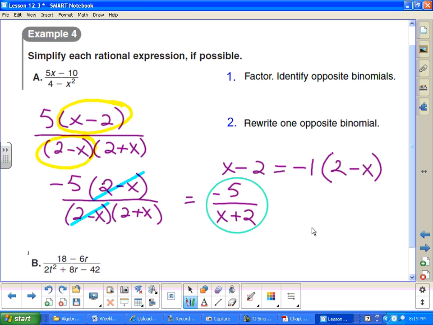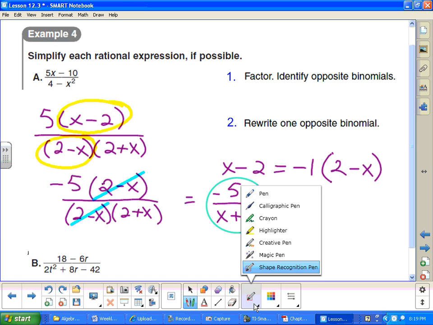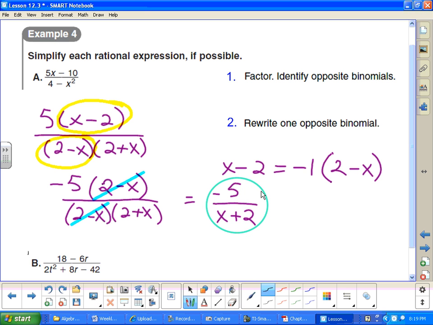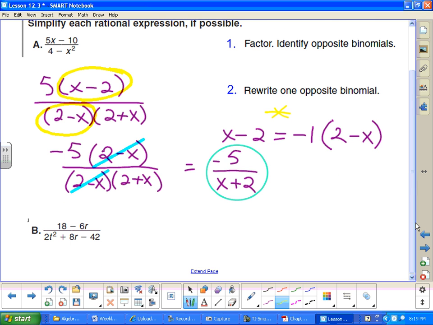So if you have opposites, there's two ways to think of it. One way is we can think about factoring out a negative, which I showed over here. Or you can think of it as, okay, I'm going to rewrite it as the change of signs and just put a negative in front. Those are the two things, same thing, same philosophy there.